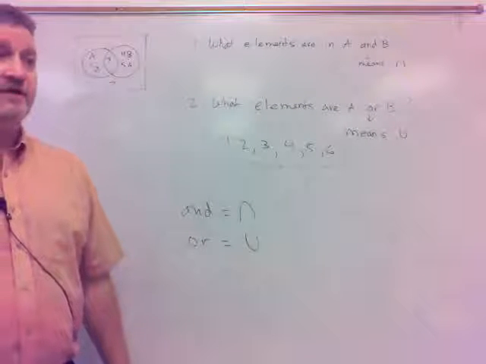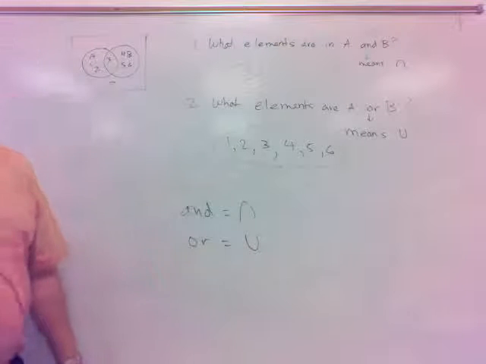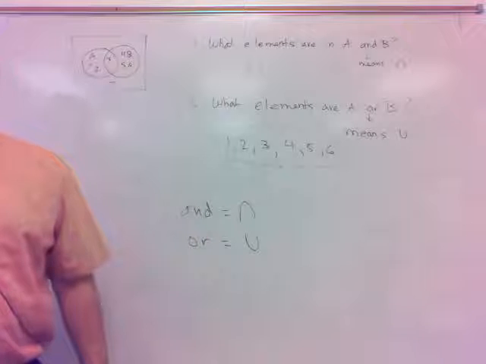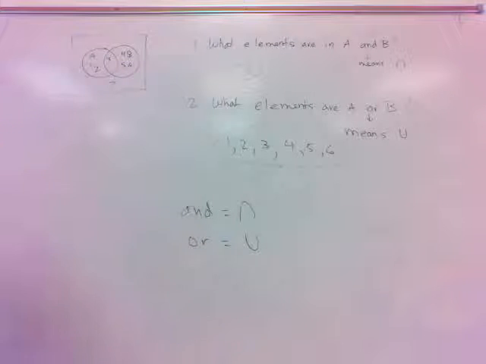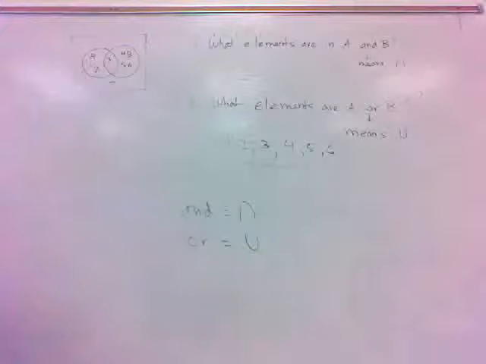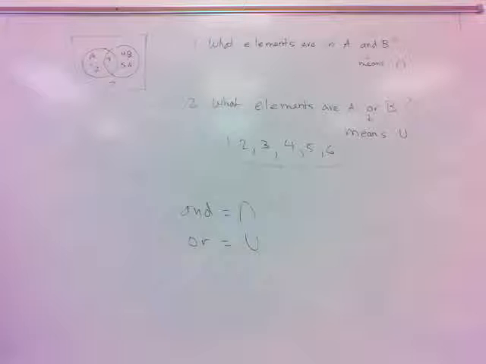You could still answer yes there. So it just has to be in one of them for or. Now, if I ask you, are you in math and science next fall, you have to be in both to answer yes on that. So it's the same thing. And is the intersection, or is the union. Okay.